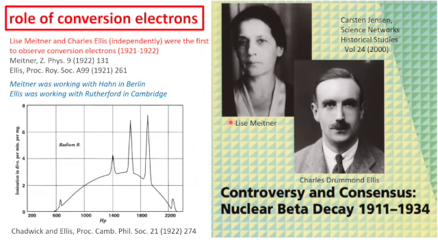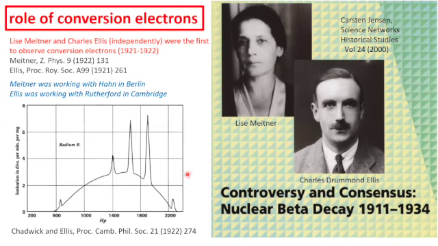This got mixed up with beta decay, and there's a long story, and so I'm just showing on the screen here the cover of a book devoted to the different findings primarily of Lise Meitner in Berlin and Charles Ellis in Cambridge, working respectively with Hahn and Rutherford.